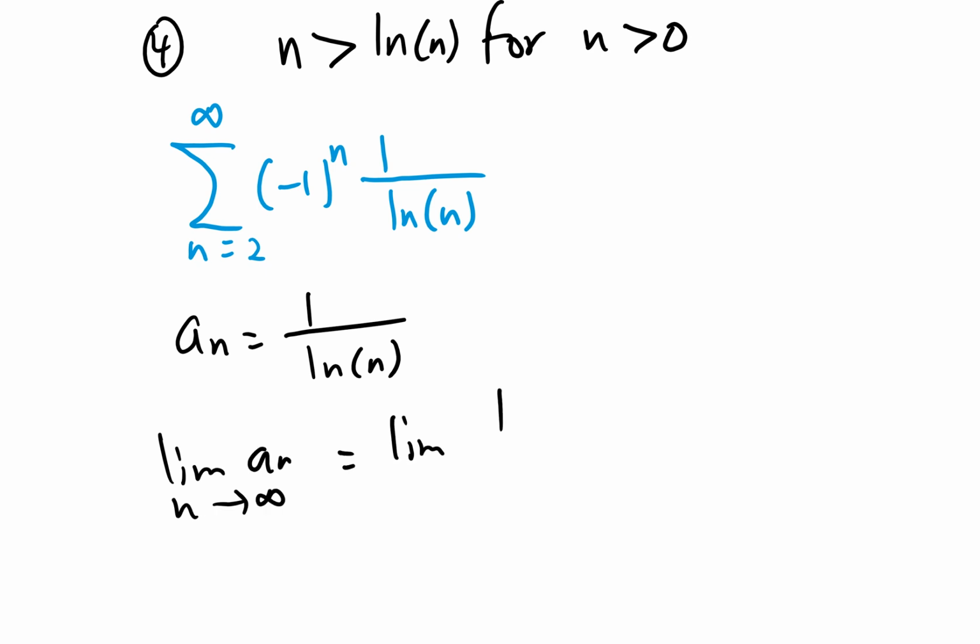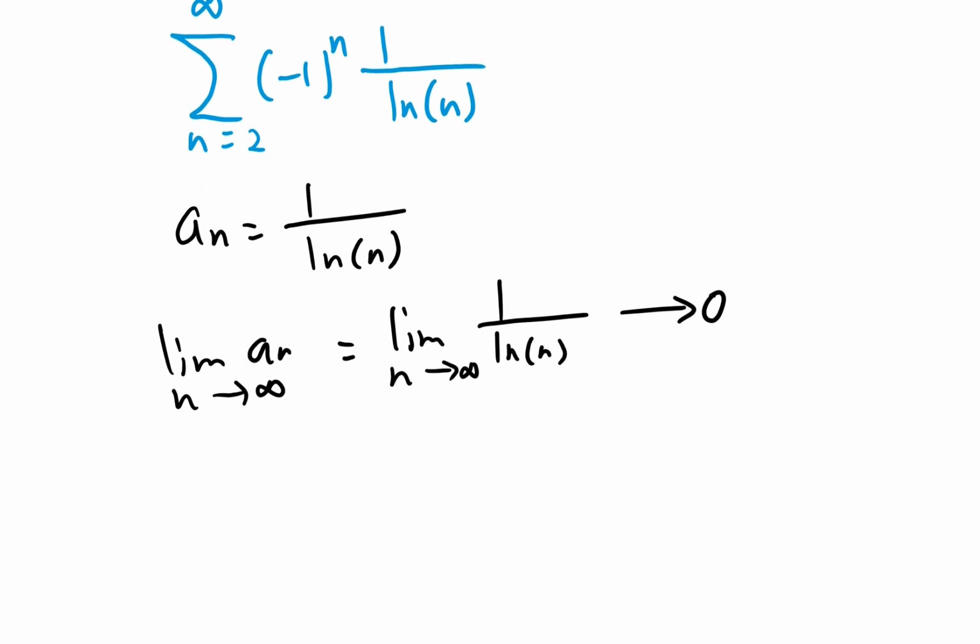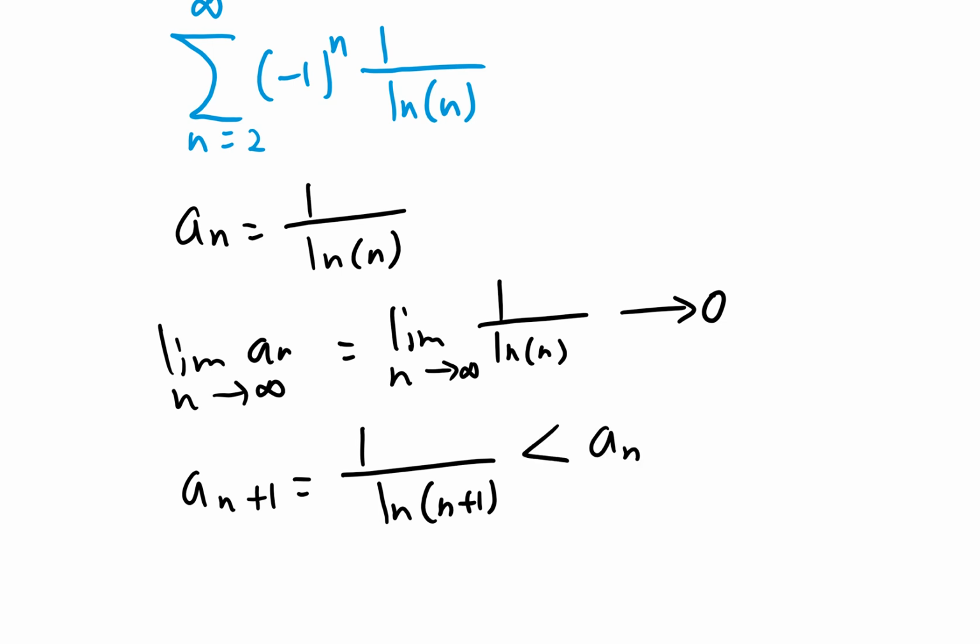So the limit of 1 over ln of n, that's 1 over infinity, this goes to 0, right? And another thing you want to do is find a_(n+1) to check if it's decreasing or not. So what do you think? Is a sub n plus 1 less or bigger? It's less than a_n, right?